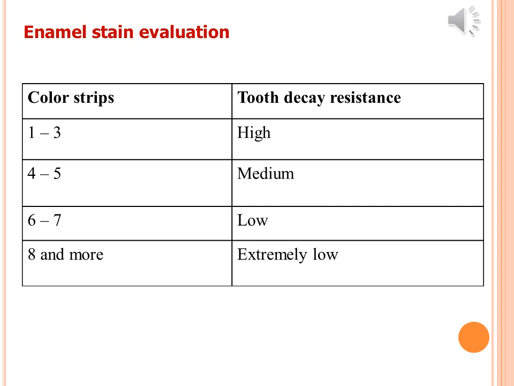The first column is color strips, and the second is evaluation of tooth decay resistance. And you see that it can be high, medium, low, and extremely low.